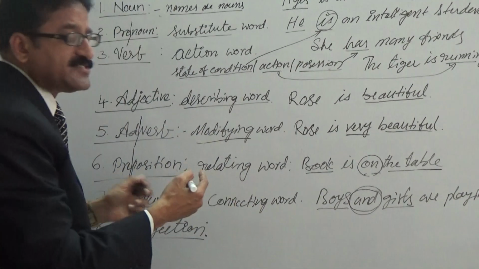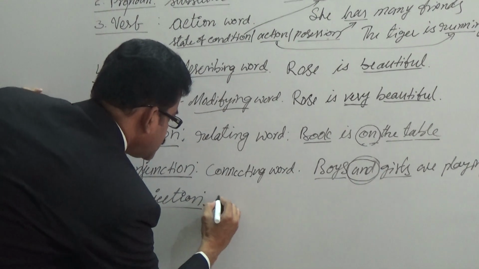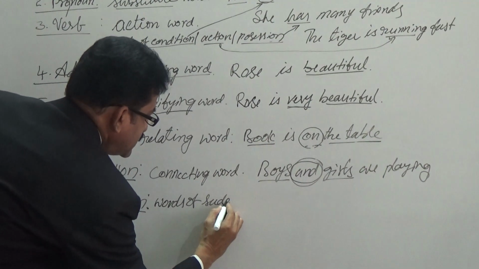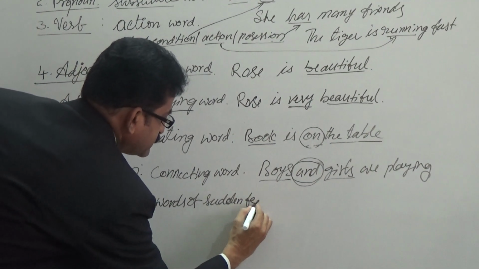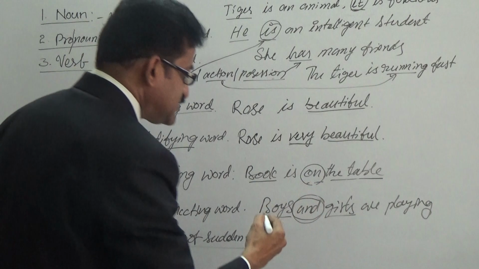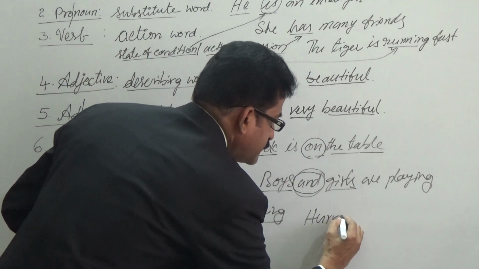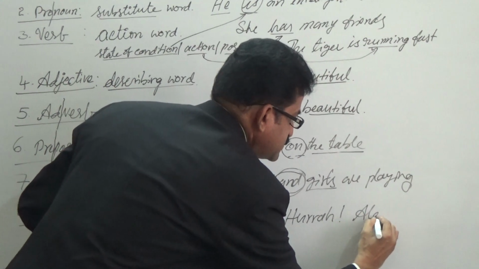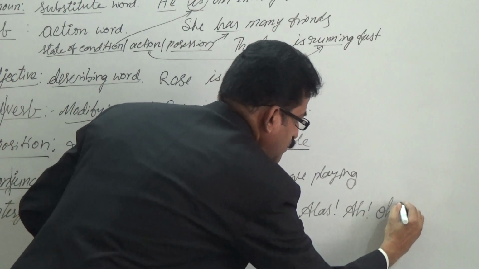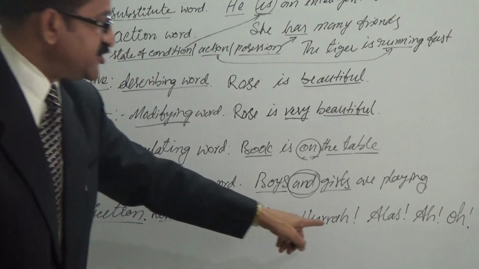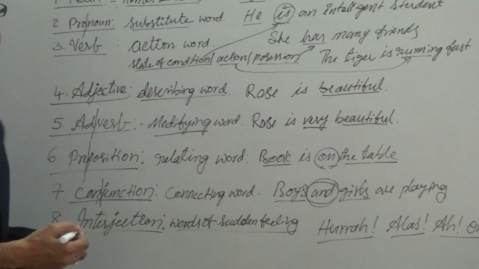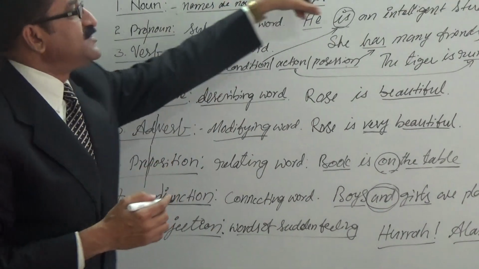Simply, they are words of sudden feeling, such as hooray, alas, ah, oh. These are the words used to express sudden feelings of happiness, sadness or surprise. They are called interjections. This is about parts of speech.